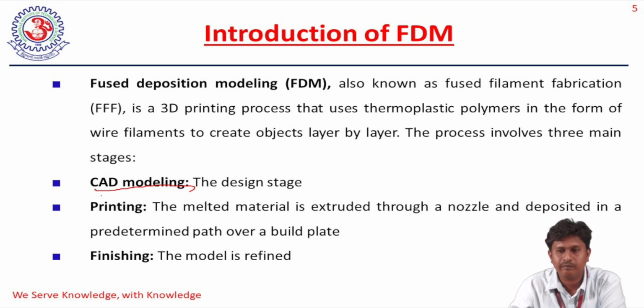Then after that, the CAD model will be used as an input for the next stage, that is printing. The melted material is extruded through a nozzle and deposited in a predetermined path over a build plate.